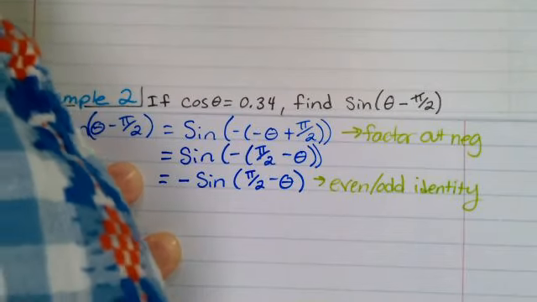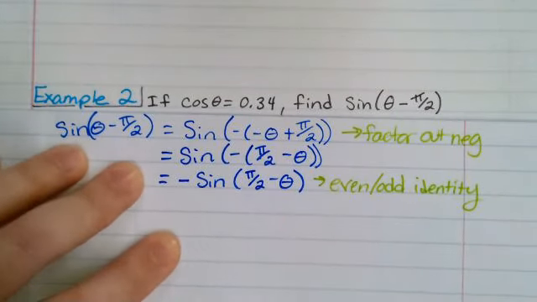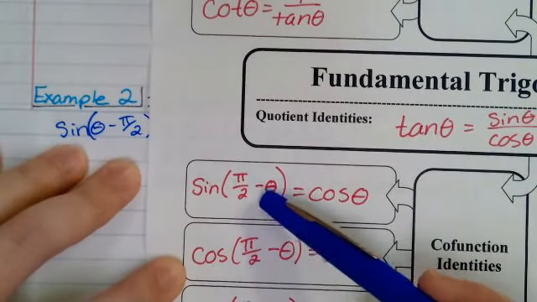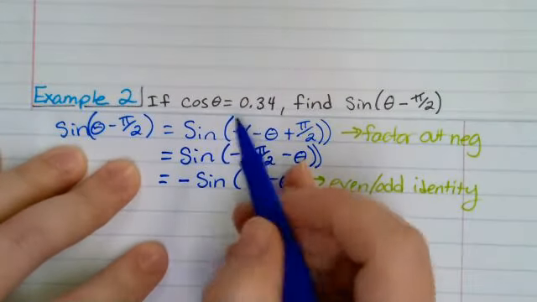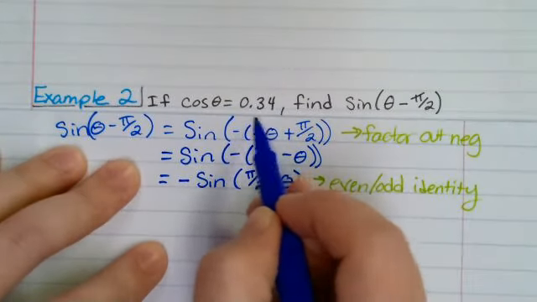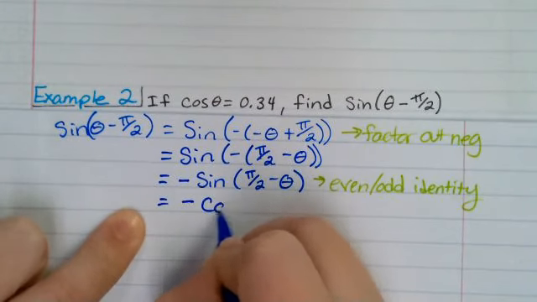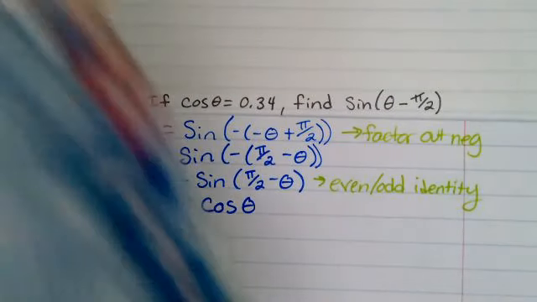And then the last little bit is, now that I've got it as pi over 2 minus theta inside of that sine function, remember how we said sine of pi over 2 minus theta is cosine. Didn't they tell me what cosine was? Cosine was 0.34. So really this is negative cosine. I'm going to write this out just to make sure that we're clear as mud.